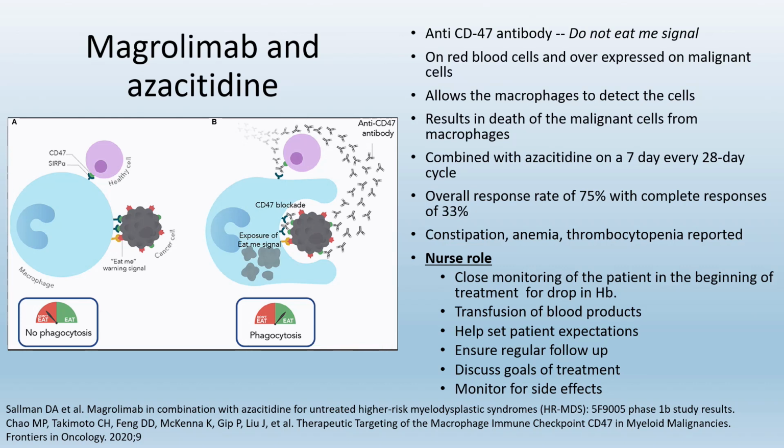And so it's being used in combination with azacitidine on a 7-day, every 28-day cycle. Overall response rates are about 75%, with complete response rates of 33%. You can see constipation, anemia, and thrombocytopenia have been reported. And then I have the nurses' roles listed there.